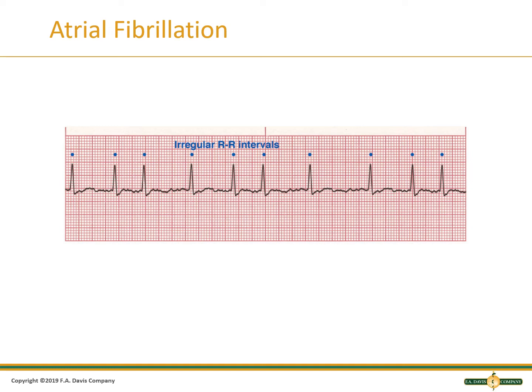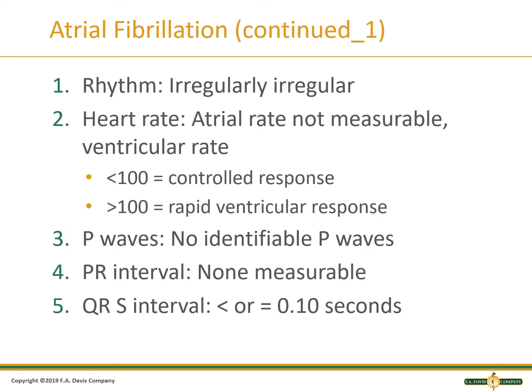Atrial fibrillation increases with age, 65 and above, especially in those with heart disease. Causes can include cardiac surgery, heart failure, hypertension, heart valve disease, myocardial infarction, hyperthyroidism, emphysema, sleep apnea, and some medications. The cause may be unknown at times. In AFib, the rhythm is irregularly irregular.